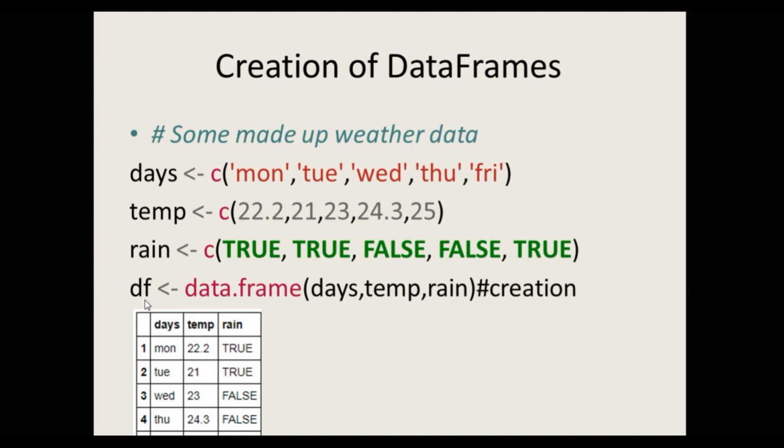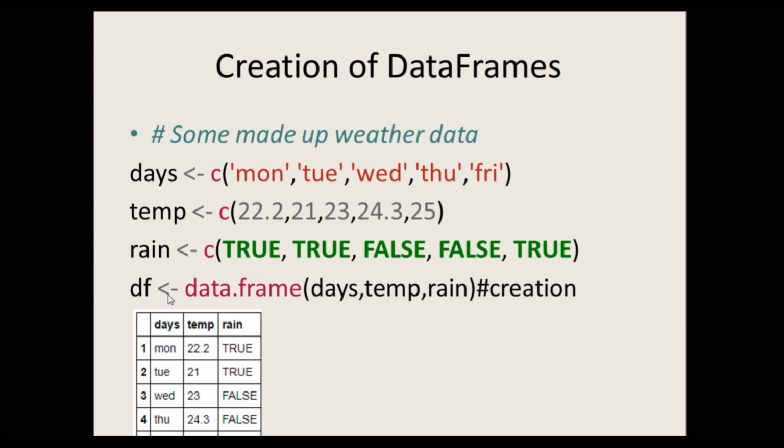When I run this or print this data frame, I get output like this. These vector names become the column names: days, temp, and rain, and they are populated like this. Days are Monday to Friday, temperature 22 to 25, rain true, true, false, false, and true.